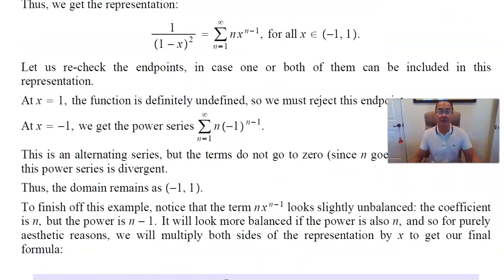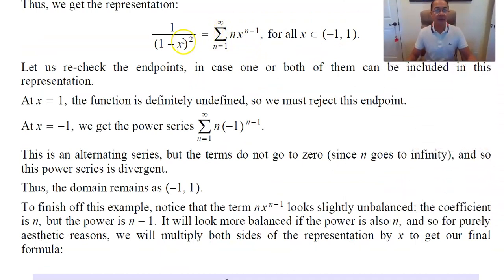Let me scoot over here. On the left, 1 over (1 minus x) quantity squared. On the right, n x to the n minus 1 summed from 1 to infinity. When we do these operations, either differentiation or integration, we're going to stay inside the open interval.